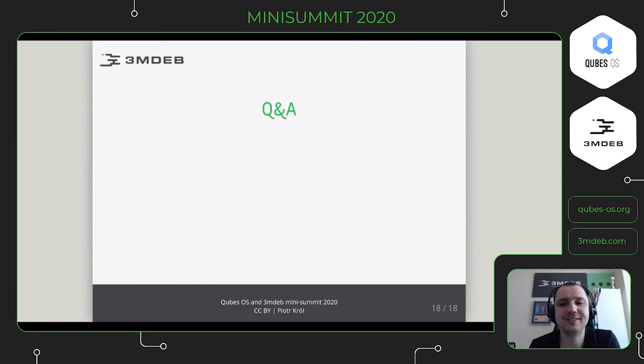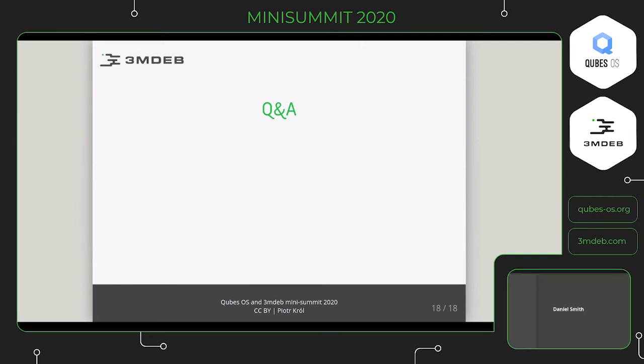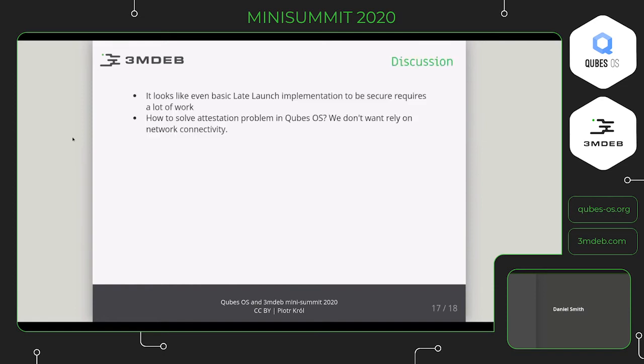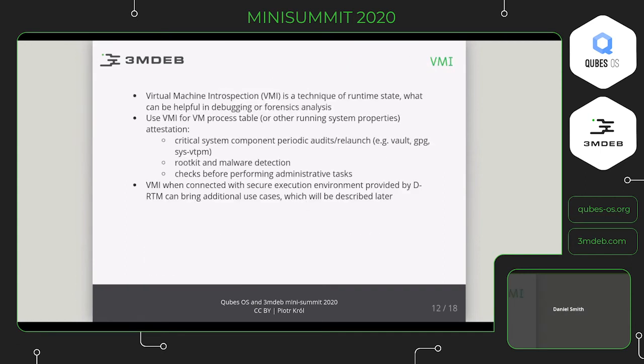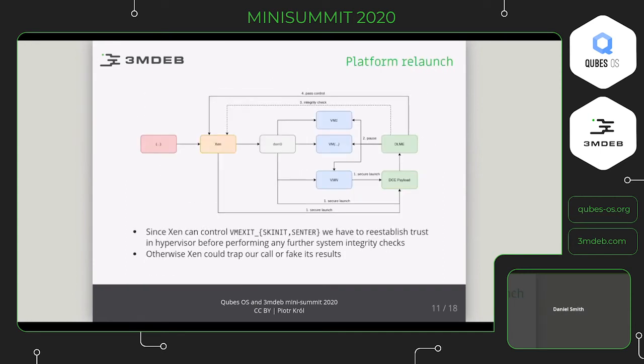Andrew, Daniel? So each one has its complications, right? What Piotr presented here was basically leaving Xen in memory and doing a measurement of the in-memory code of the Xen hypervisor. Obviously, that means you need to be able to do runtime inspection of Xen.